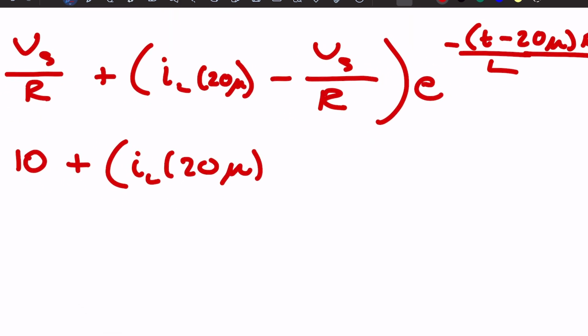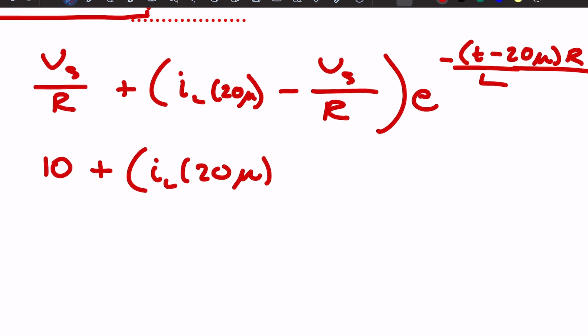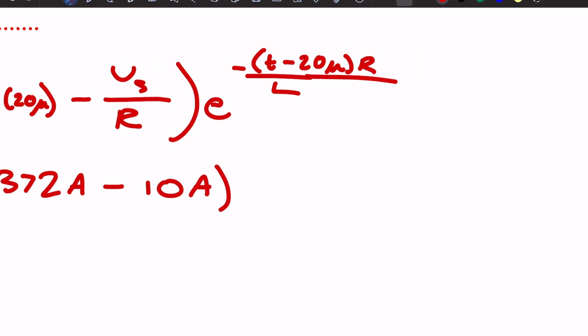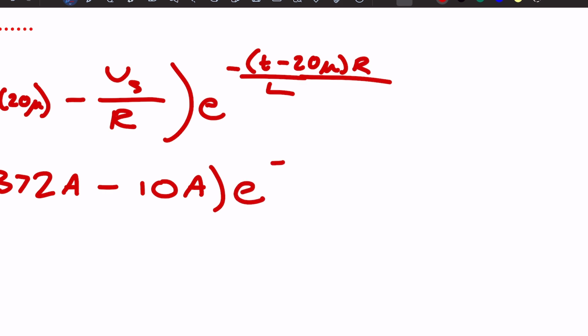And what that'll give us is the number, and I'm just going to tell you it, you can plug it in, find it out for yourself, 13.372 amps minus another 10 amps, right, from that V over R, times e to the t minus 20 microseconds.